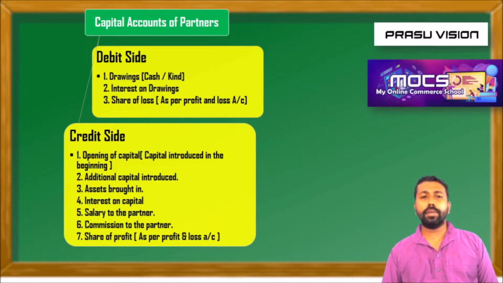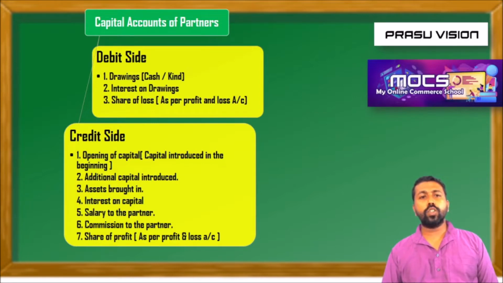It will be shown on the debit side as drawings. And when the partners are paying interest on drawings to the firm, it is also shown on the debit side.